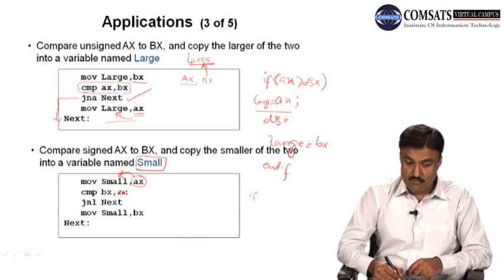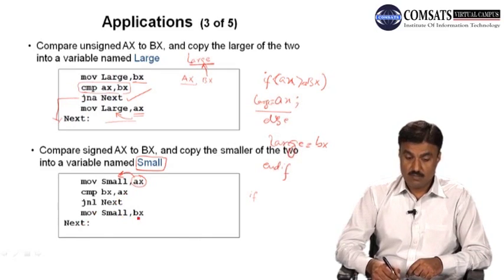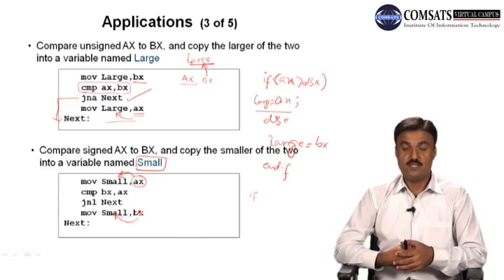If BX is not less than AX, meaning either equal or greater, then we jump to the next label. Otherwise, if BX is smaller than AX, the previous value of small will be replaced with the value of BX, because BX is smaller than AX.